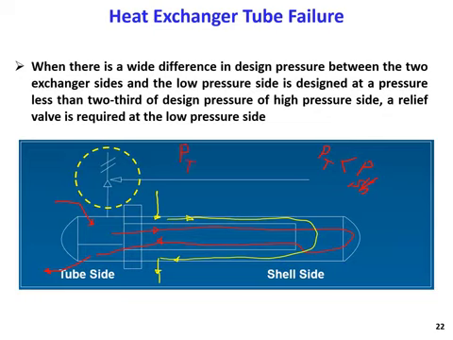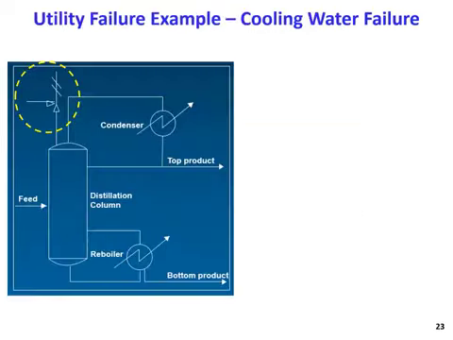We usually do this when the pressure in the tube side is less than 2/3 of the pressure in the shell side. So this is another way that we use a pressure relief valve.